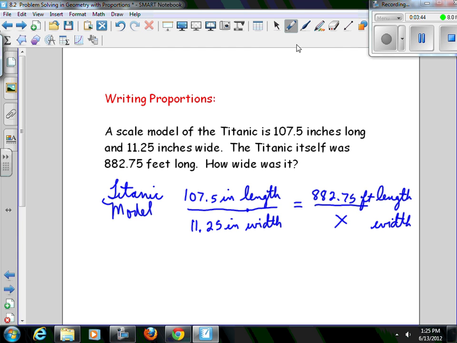Now, the way we're going to solve this is we cross multiply when you solve a proportion. So you have 107.5x is equal to, now we're going to take 882.75 and multiply it by 11.25. And we end up with 9,930.9375. Now we still need to find x, so we're going to divide each side by 107.5.